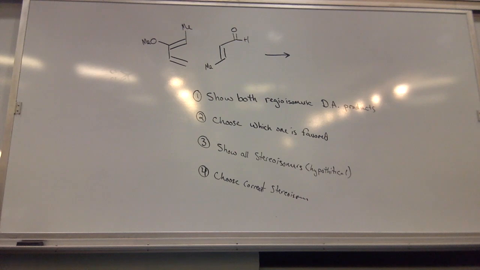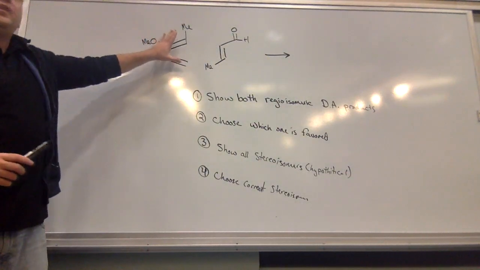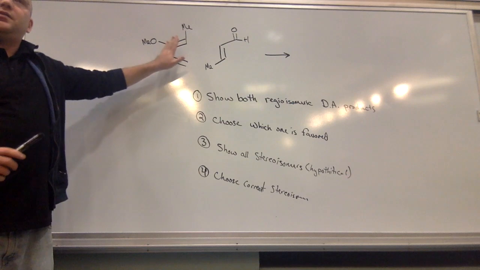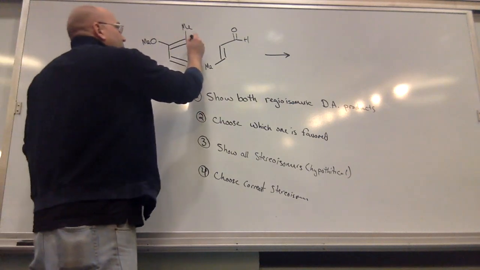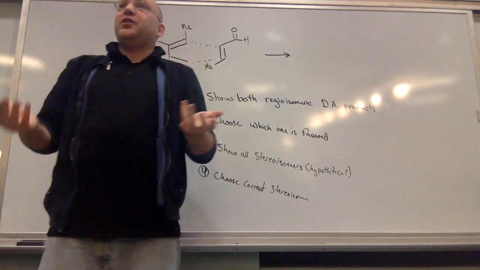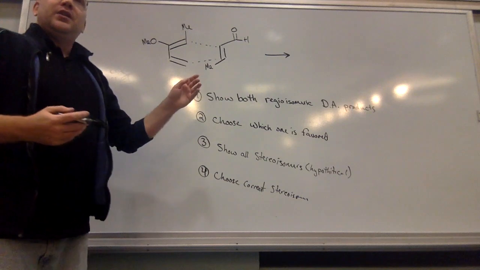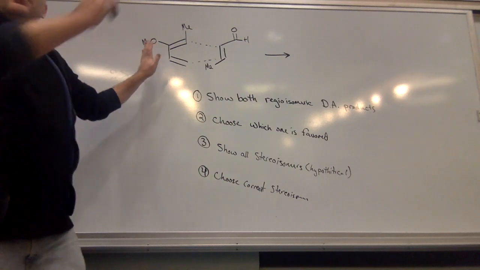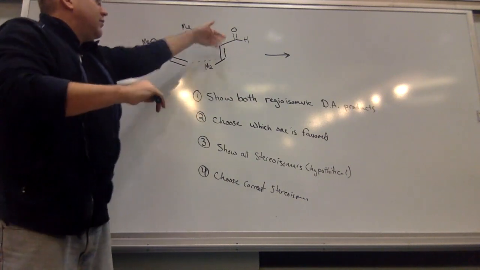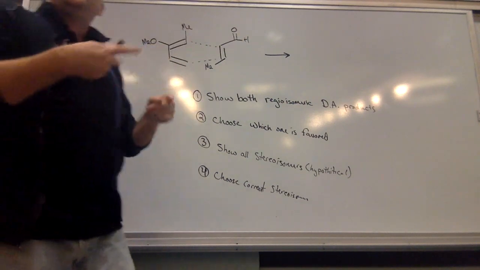Where the groups are, based on the partial positive and partial negative. So if you held this and you imagine that Diels-Alder, that would be one of the regioisomers. The other regioisomer would be if I held one the same and flipped the other one upside down, or held this and flipped the other upside down. So those are your 2 regioisomers.